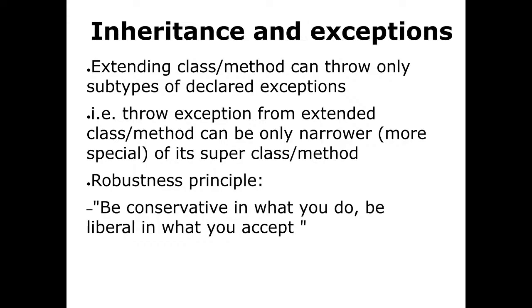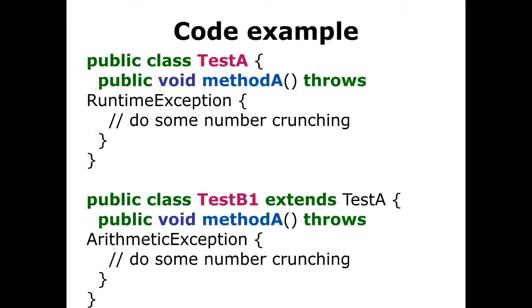Same for exceptions. If you catch the exception of the superclass, it does a kind of casting there, and it catches the exception of the subclass. So that's kind of an example.